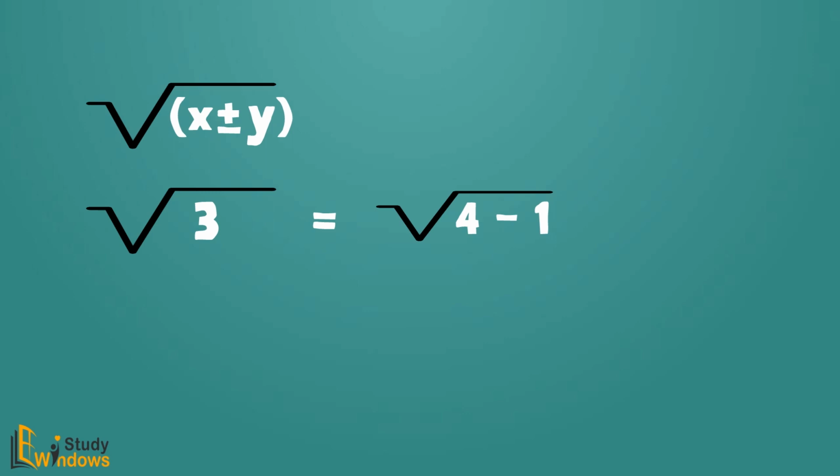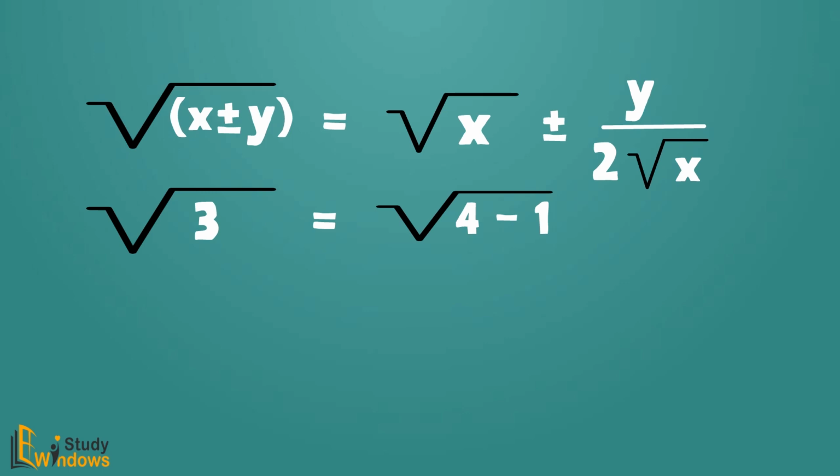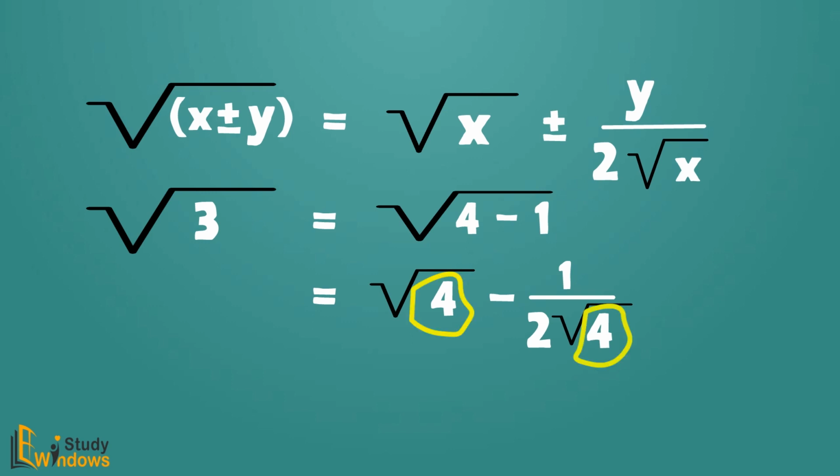Right hand side of the main equation is equal to square root of x plus minus y divided by 2 root x. As per the equation, we can write root 4 minus 1 is equal to root 4 minus 1 by 2 root 4. Here, x is equal to 4 and y is equal to 1.